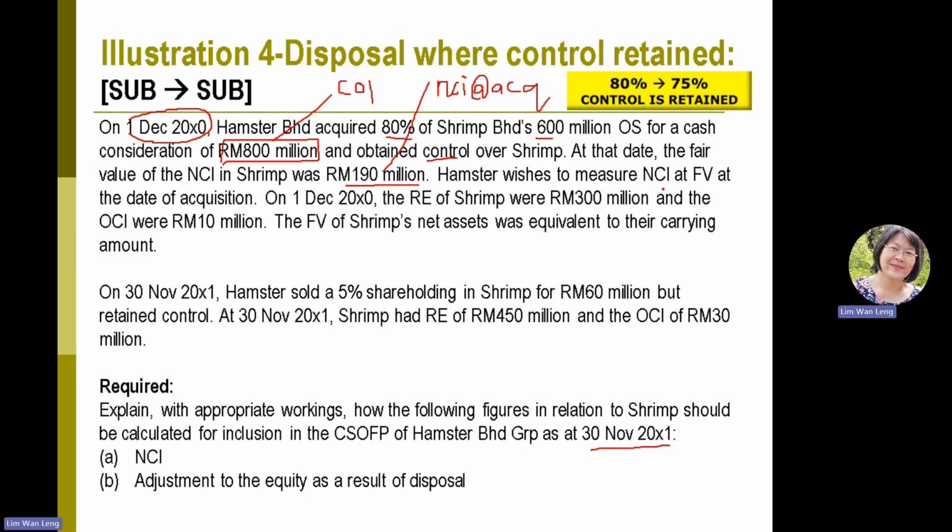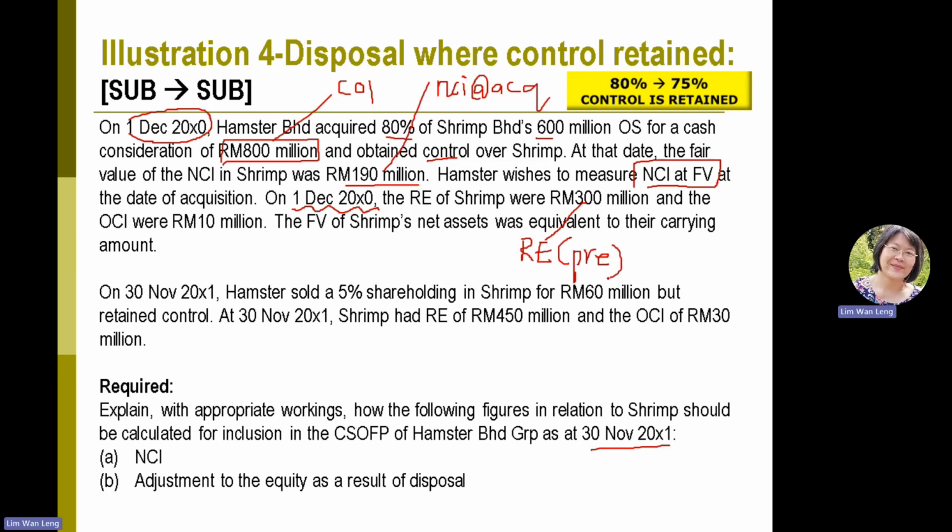Hamster wishes to measure NCI at fair value. That means this is a full goodwill at the date of acquisition. Then on 1st December, the retained earnings in Stream were 300 million and the OCI were 10 million. So this is what? On the first day of December. So 300 million is RE, that is pre.